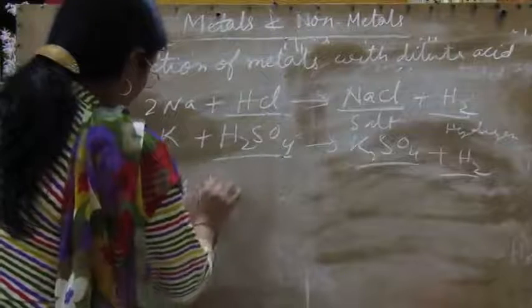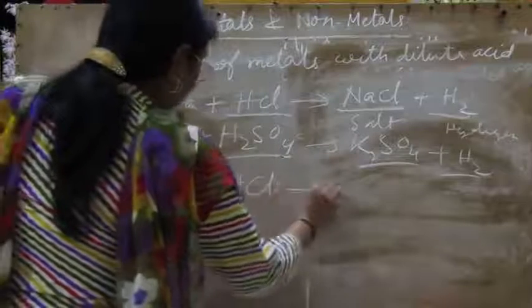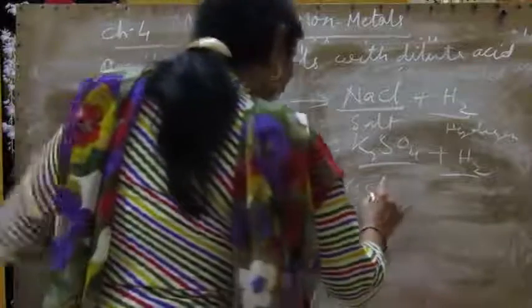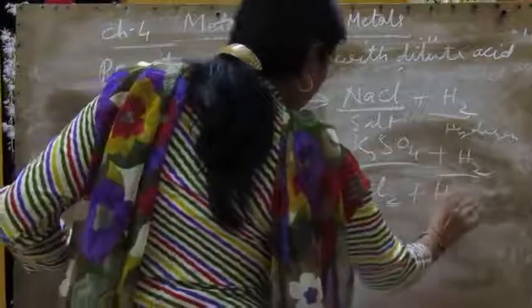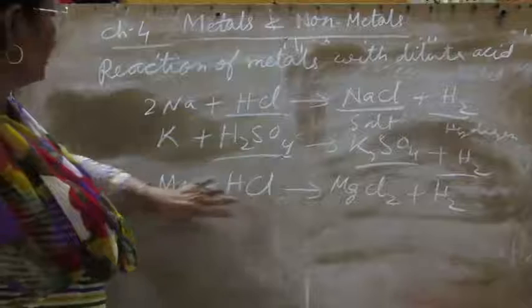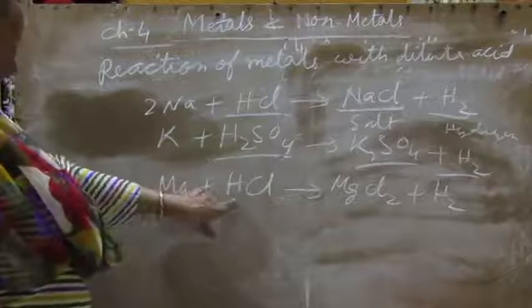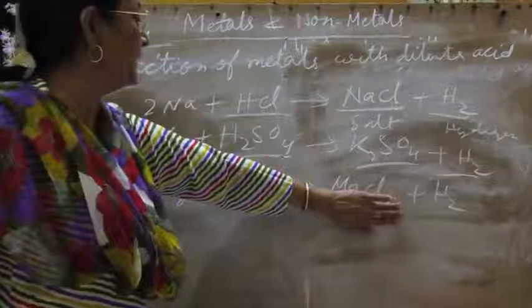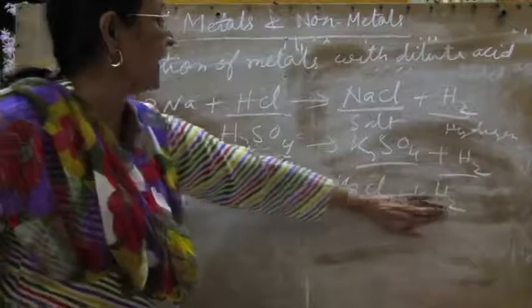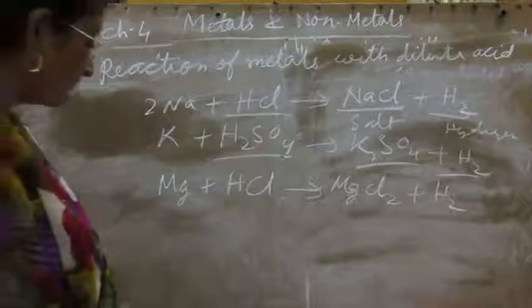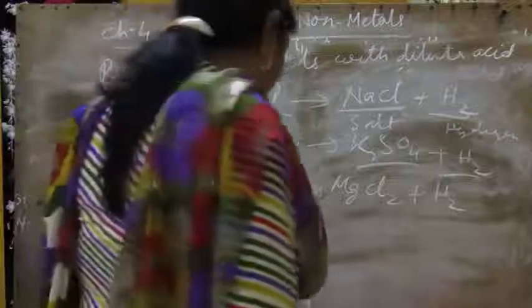Magnesium: Mg plus HCl gives MgCl2 plus H2. Since magnesium is more reactive than hydrogen, it displaces hydrogen, captures its place, produces magnesium chloride salt, and removes hydrogen from the respective compound.